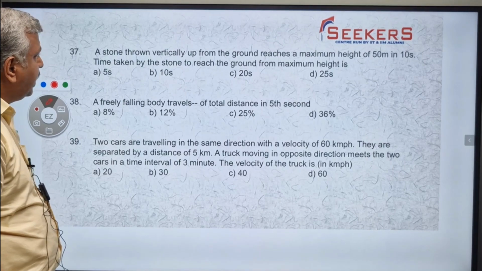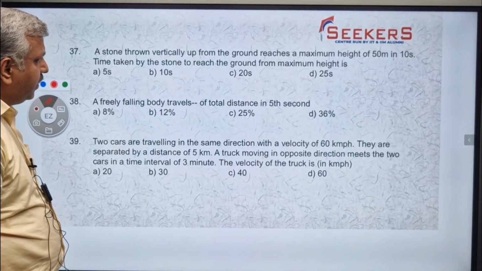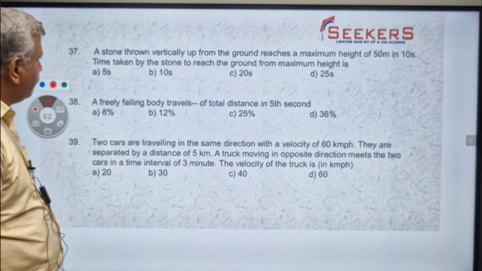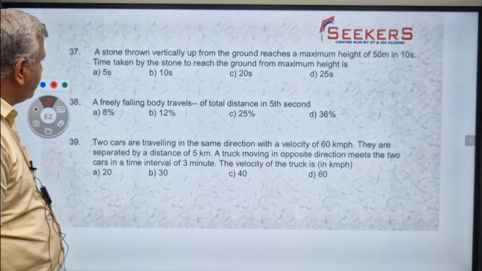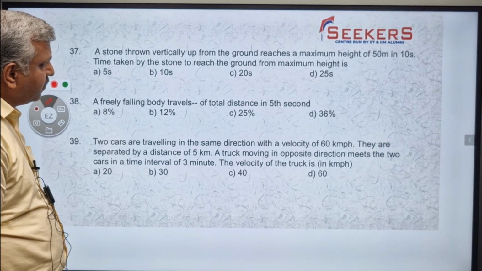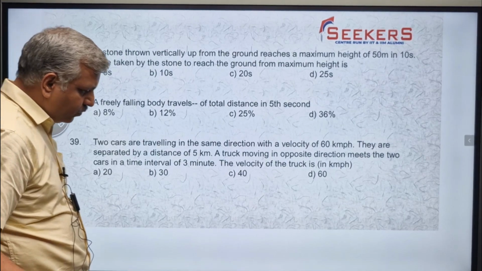A stone thrown vertically up from the ground reaches a maximum height of 50 meters in 10 seconds. Time taken by the stone to reach the ground from maximum height is how much? So I have some issue there.